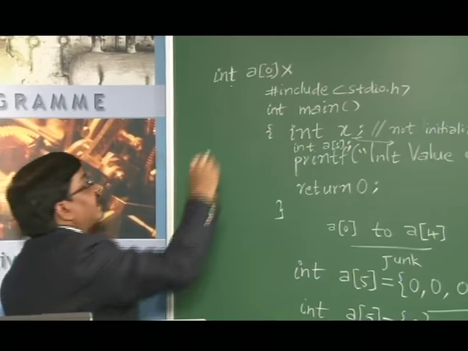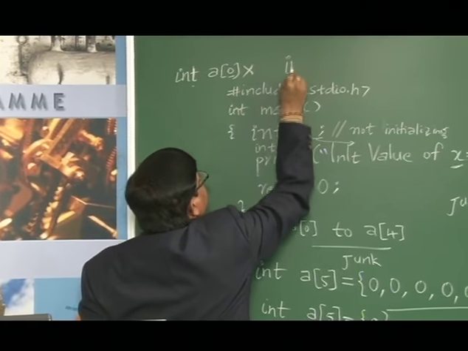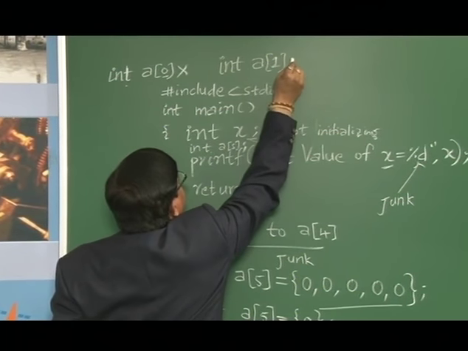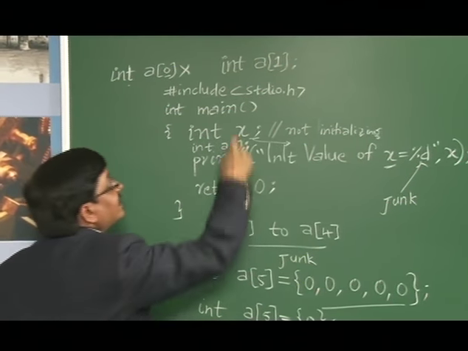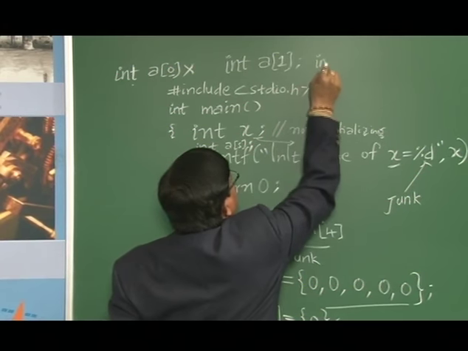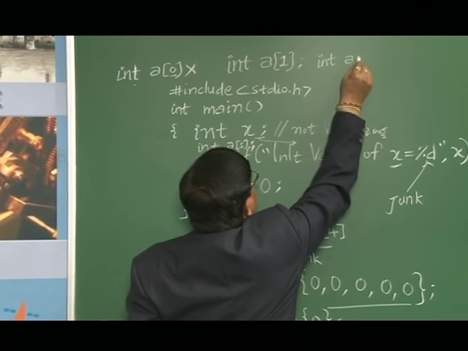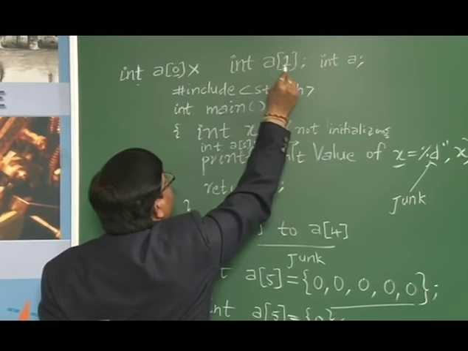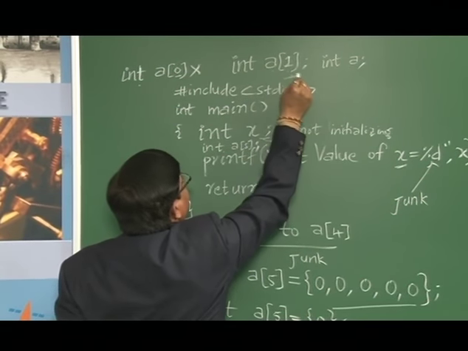Okay. If I declare int a of 1, then a is an array of one integer element. This is the same as just declaring int a. Fine. So, a is a variable of type int, whereas a of 1 is an array of one integer element. This is not a recommended way of programming.